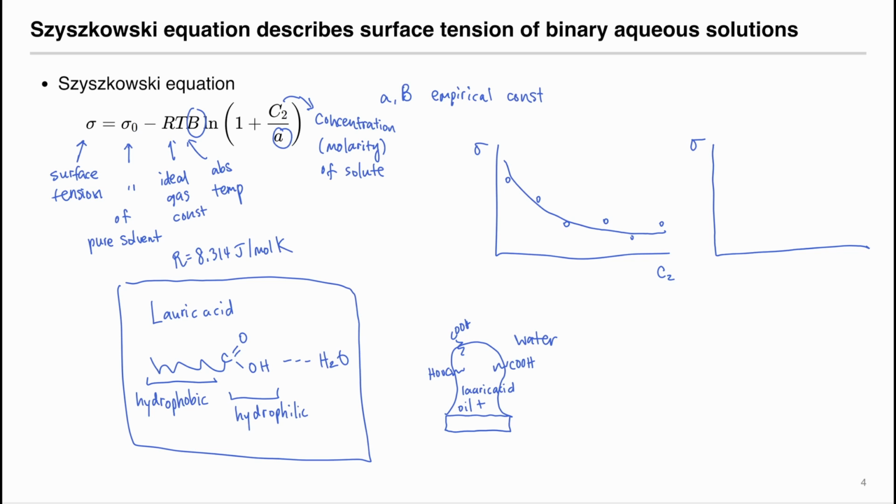So we want to plot it in semi-log coordinates, where the x-axis is the log base 10 of concentration. For example, we have 10 to the minus 2, 10 to the minus 1, 10 to the 0, 10 to the 1, etc. In that case, the same Szyszkowski equation will look something like this.